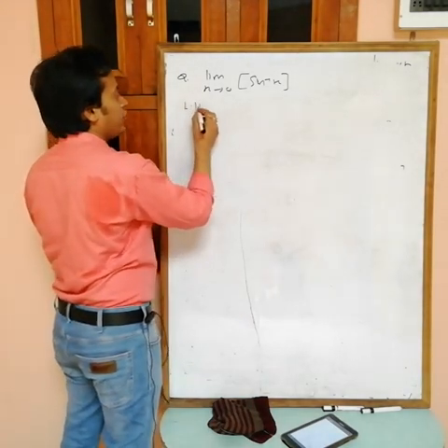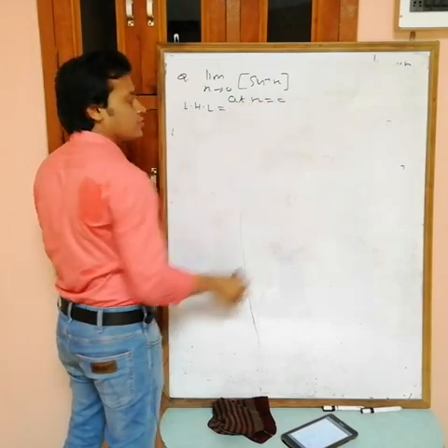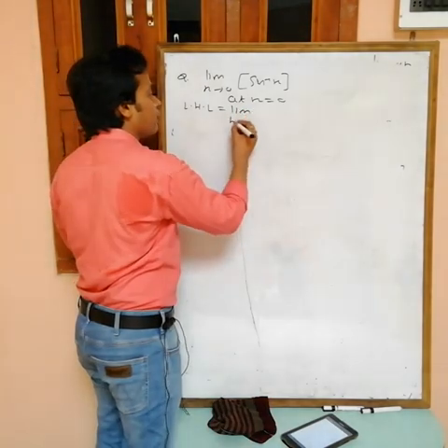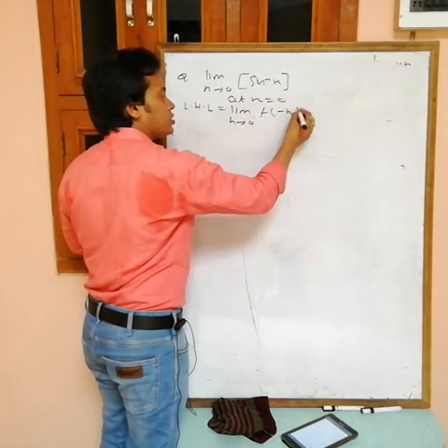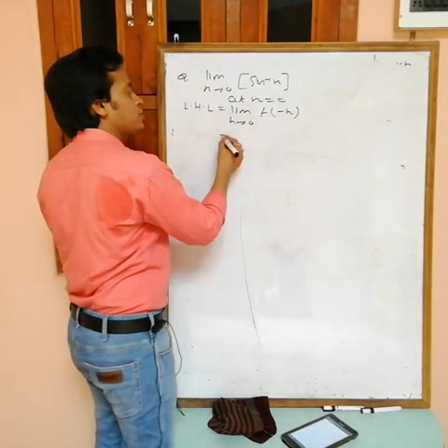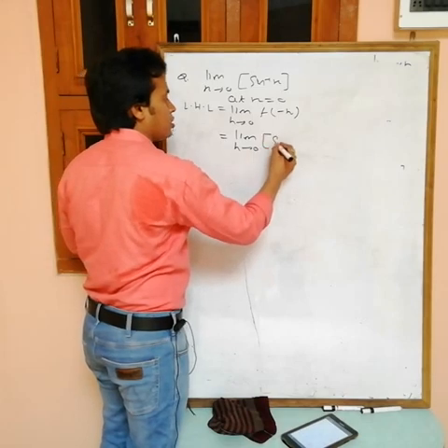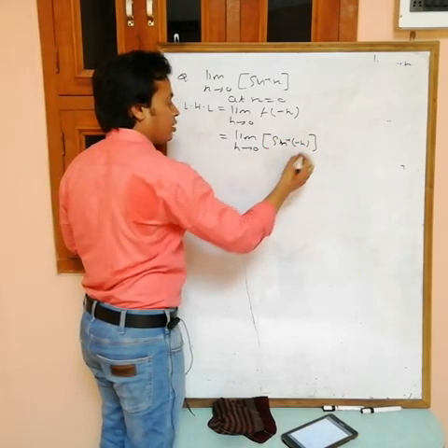Now see, again find LHL. The point is x equals to 0. So LHL is limit h tending to 0, value of the function at a minus h, where a is 0, so 0 minus h is minus h. Replace x with minus h: limit h tending to 0, greatest integer of sine inverse of minus h.